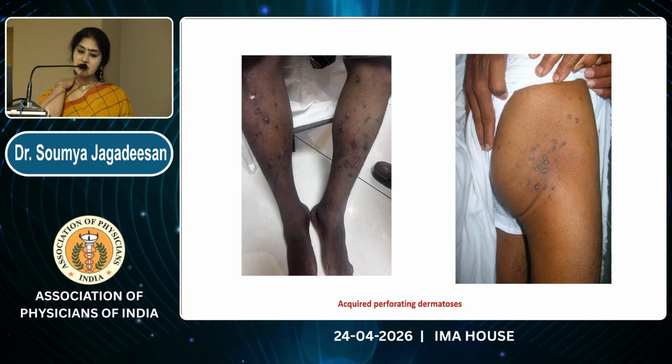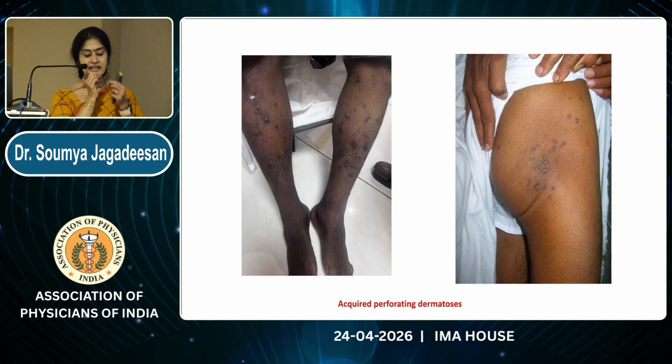I think we dermatologists, our ancestor dermatologists, used to love big terms, so they kept very big terms for that. I'm not going into the normal perforating dermatosis, which is Kyrle's disease and things like that. But the acquired ones are generally secondary to diabetes or renal failure or hepatic failure.